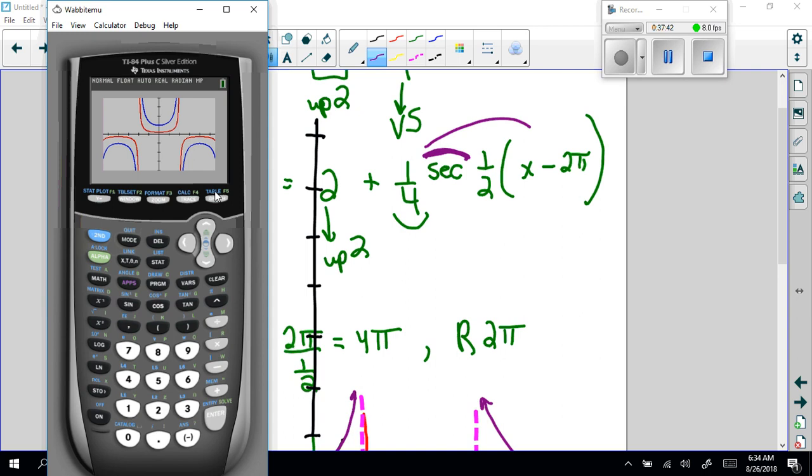Now let's shift it to the right. This turned out to be a pretty good example. So you take the last graph and you shift it to the right. So you go vars, y vars, function, y2, and shift it to the right 2 pi. So there's the function shifted to the right 2 pi.